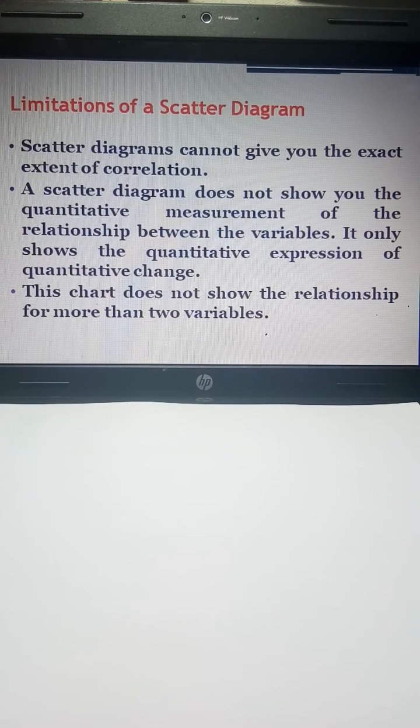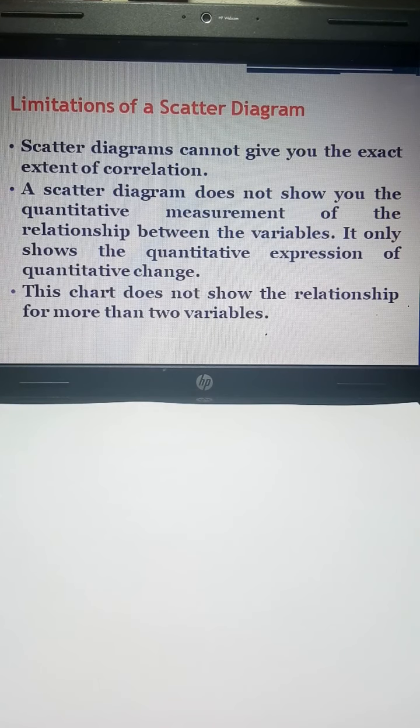And what are the limitations of the scatter diagram? A scatter diagram shows the correlation, but it doesn't show the exact extent of the correlation, how much they are correlated. We can say they are strongly correlated or there is a weak correlation, but to what extent, it doesn't show. So this is one limitation.